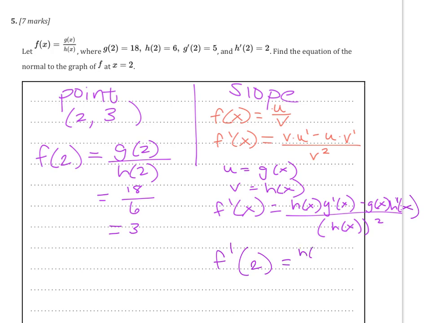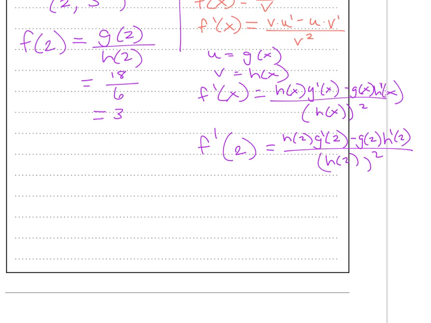So that gives us h of 2 times g prime of 2 minus g of 2 times h prime of 2, all divided by h of 2 squared. And the convenient part about that is that we know exactly what each of those are.